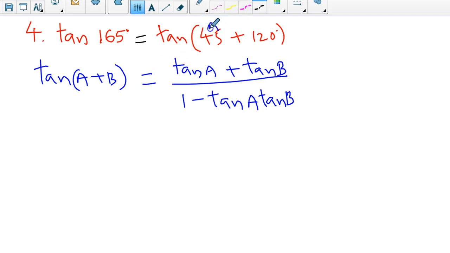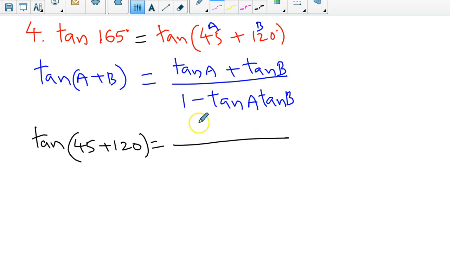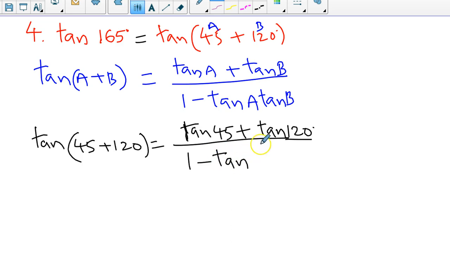A is 45 and B is 120 degrees. Therefore here we have tan 45 plus 120 is equal to, I have here tan A means tan 45, this tangent, sorry, plus tan 120 over 1 minus tan 45 times tangent 120.